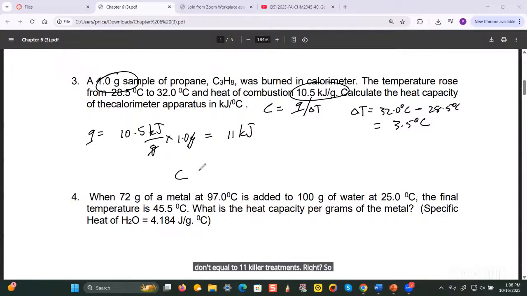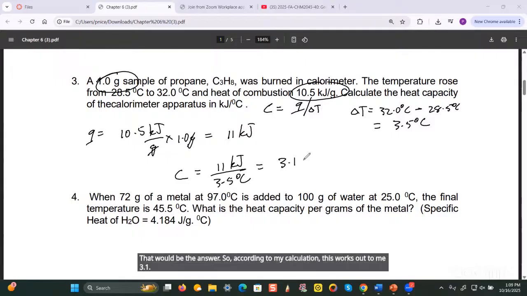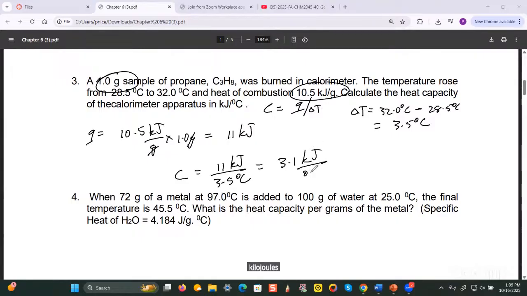So to get C now, that would be equal to Q, which is 11 kilojoules, divided by 3.5 degrees Celsius. And whatever that gives, that would be the answer. According to my calculation, this works out to be 3.1 kilojoules per degrees Celsius. And that's how you do that.